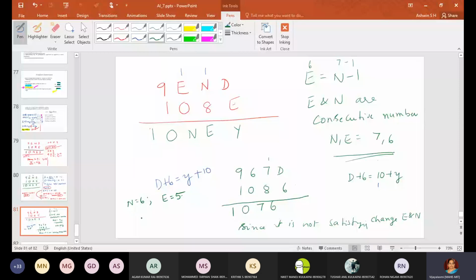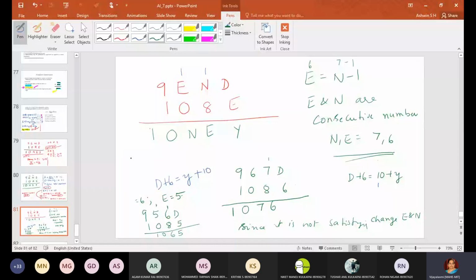So what will happen? 9, 5, 6, D, 1, 0, 8, 5. So this will be D plus 5, leave it. So here 1, here 1, 5. N is 6, okay. This is 0, this is okay.